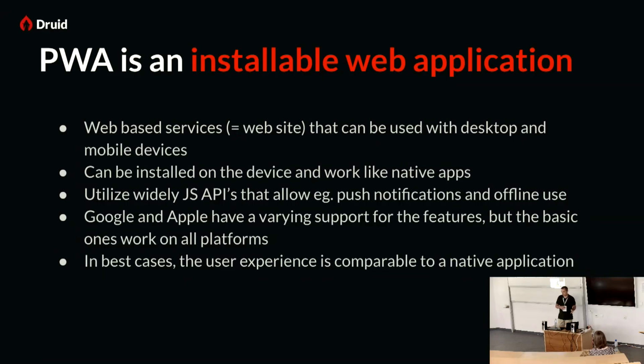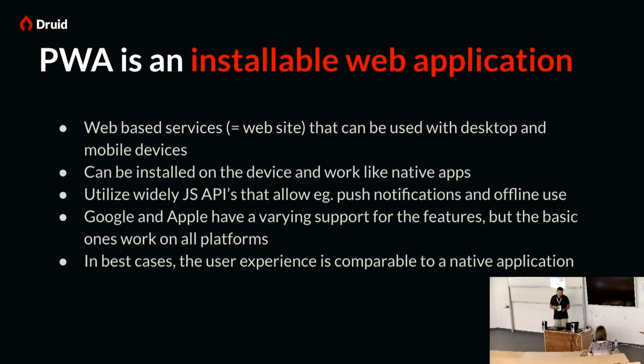The devices, the platforms for these core features, have varying support between the platforms. For a really long time, iOS didn't support push notifications, but Android did. Apple actually enabled that last year. So there are differences between platforms. On some platforms you can cache this much data, and on others you can cache even more.